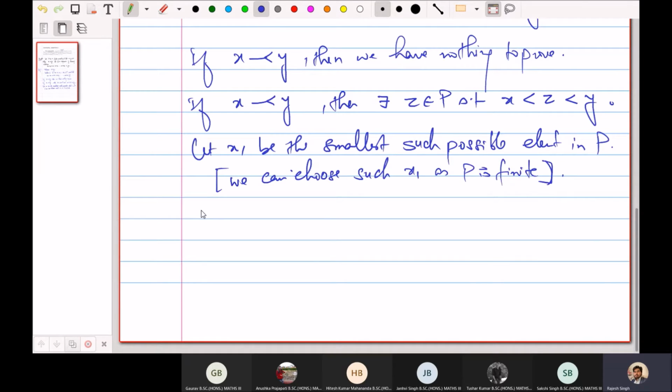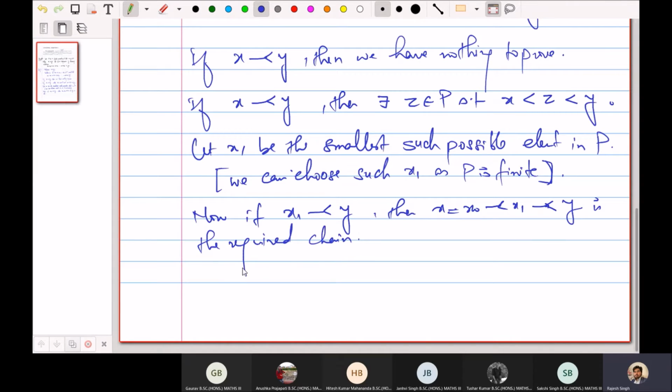Now if x1 is covered by y, then x equal to x0, x1, y is the required chain, right?